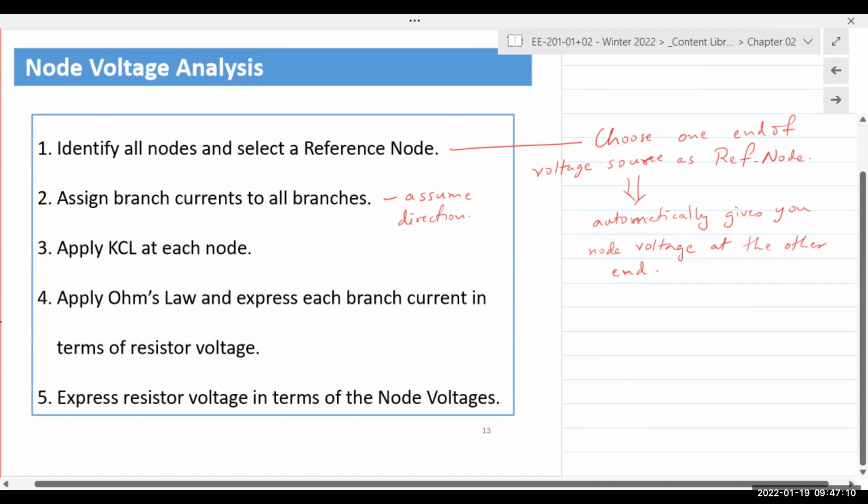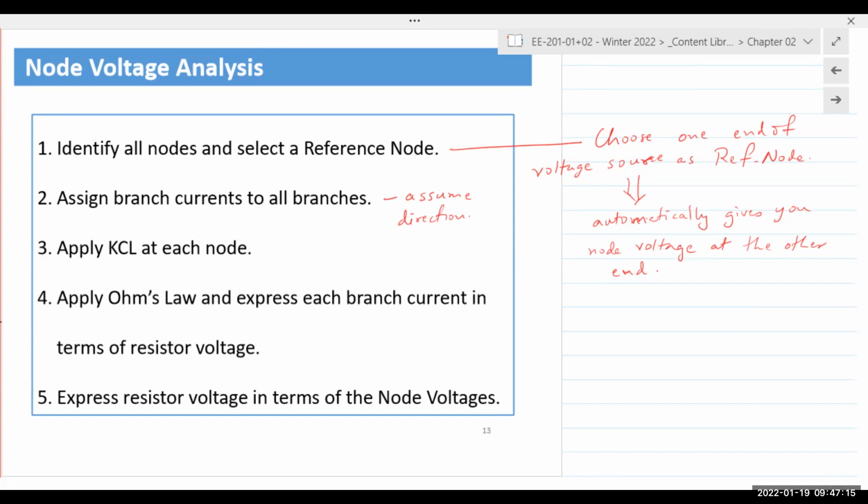Well, even if it doesn't make logical sense, your answer will still be correct at the end. If you apply KCL at one node and the current is actually flowing from plus to minus for a source, you would have to take the same direction for all the other equations. So your answers will always turn out to be correct. Again, the assumed direction does not actually matter.